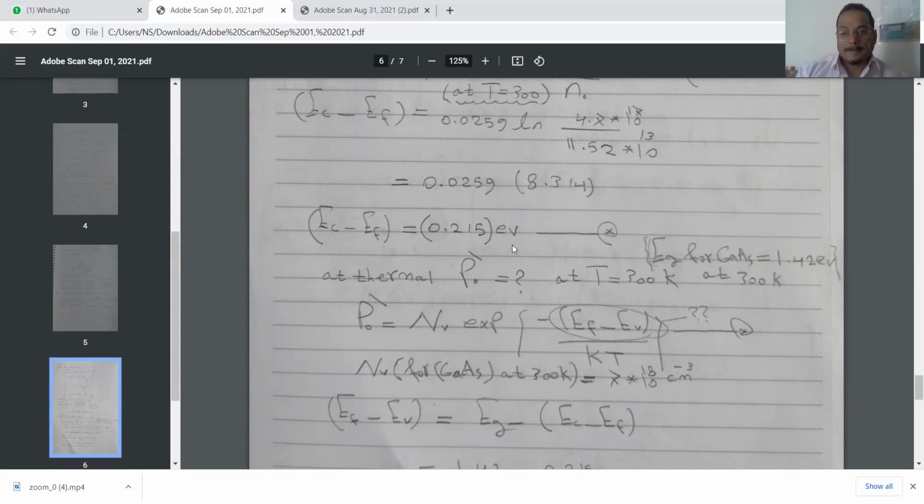0.215 electron volt. For gallium arsenide, like we know, the energy band gap equals 1.42 electron volts. Here at thermal equilibrium, let's calculate P naught as the author wanted. P naught at room temperature equals NV exponential of minus EF minus EV, the valence band, divided by KT.